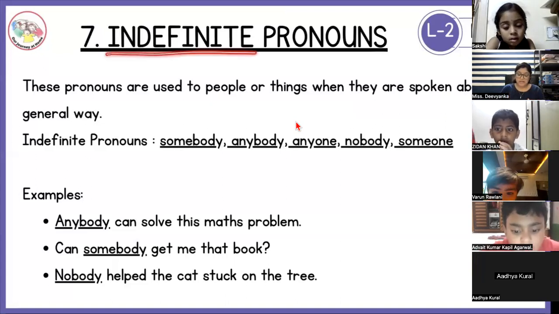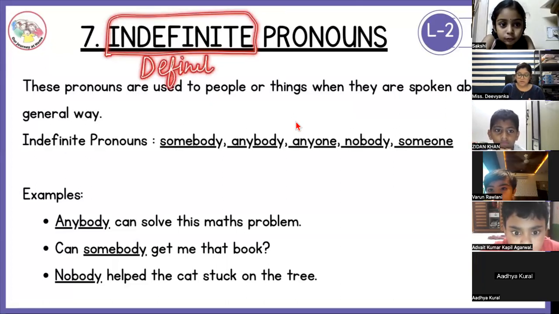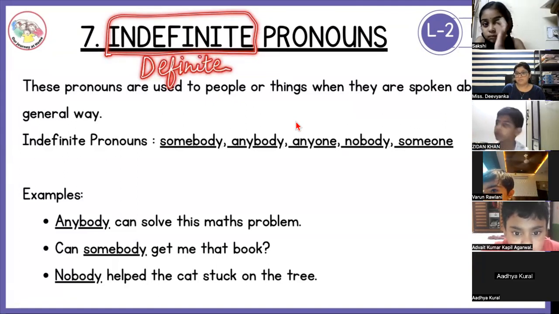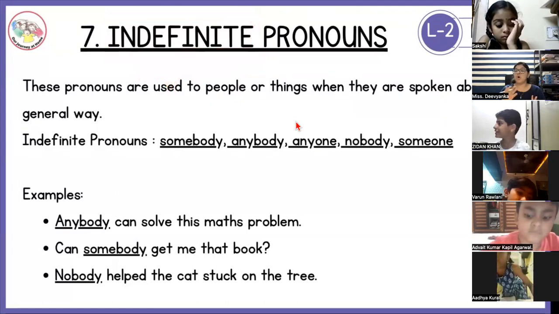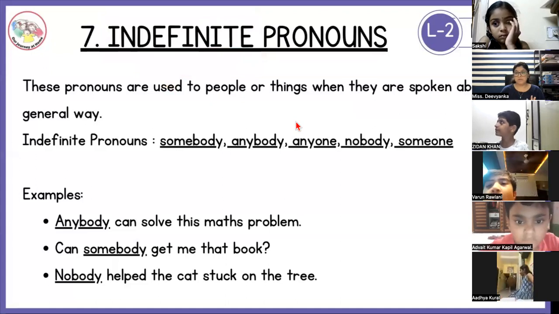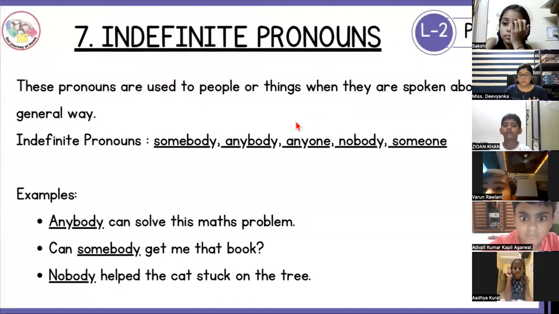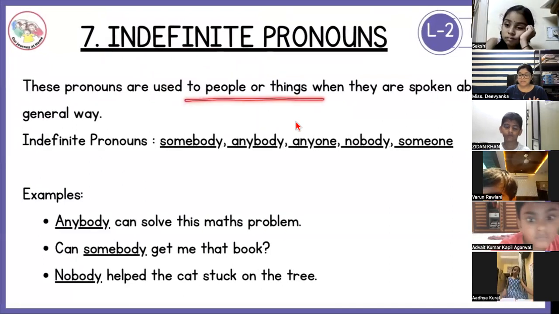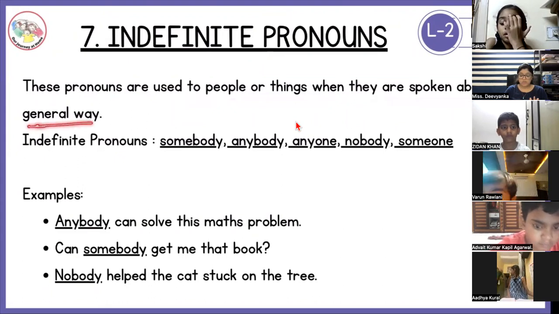Hence, the word indefinite is the opposite word of definite. Definite means everything and anything that is specific, right? And indefinite means it is not specific. Now, these pronouns are used for people or things when they are spoken about in a general way.